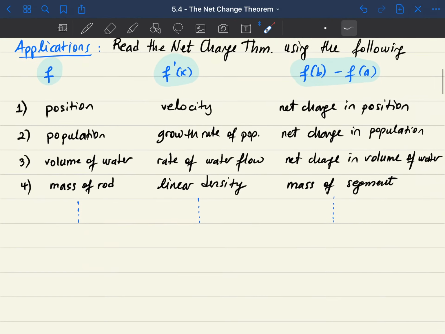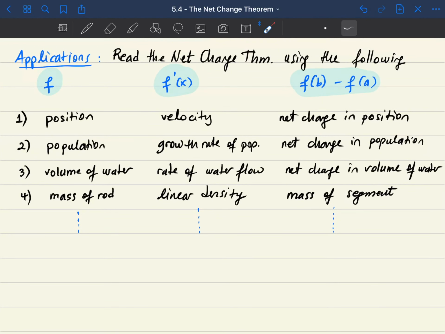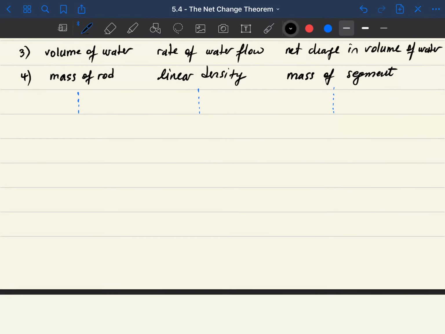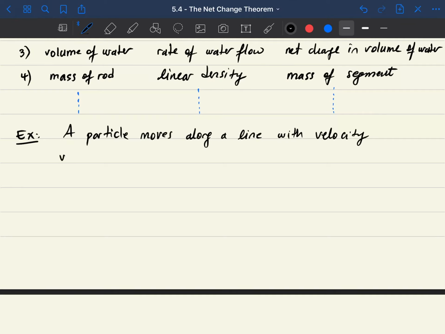All right, so let me give the first example here. So the first example is the following. Again, these are applications. So you have a particle that moves along a line. Okay, and this has velocity given by the following: t squared minus t minus 6.